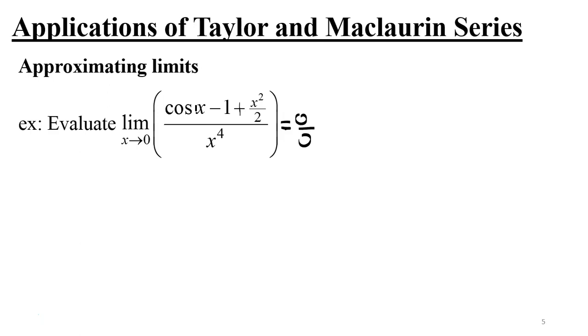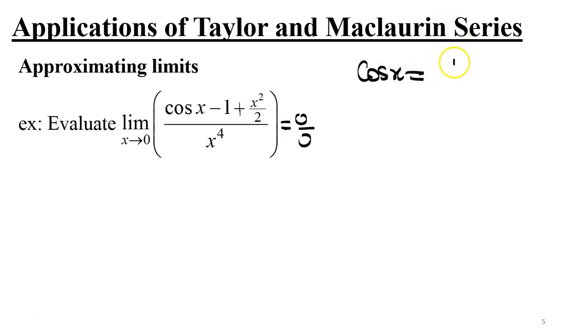Now, in our previous lesson, when we introduced Taylor and Maclaurin series, we have already generated the Maclaurin series that corresponds to cosine x. So over here, I just use that expansion. If you need to recall how this expansion was generated, you can just refer to the previous lesson.